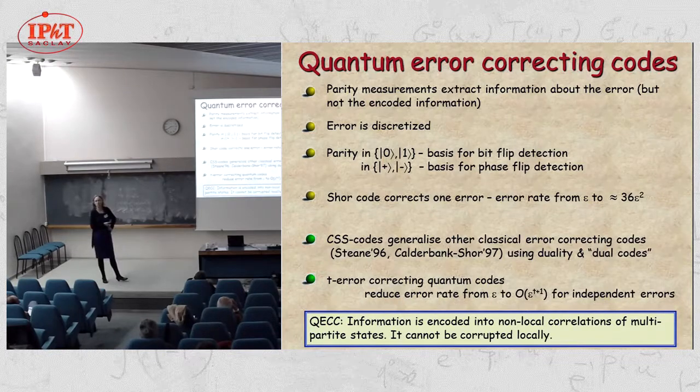So you would only be erroneous if you have more than T plus 1 errors. And the way we encode the information is, we can think of encoding it in some sort of non-local way into the correlations between several particles.